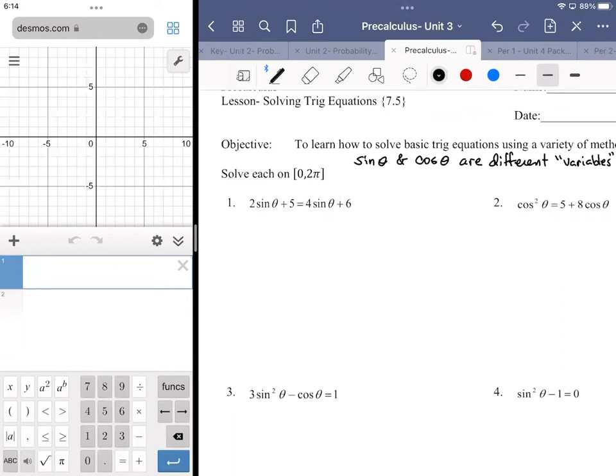So when I go to solve number 1, I want to get all of my sine thetas on the same side of the equation. It doesn't matter what side that is because it's an equation, it's commutative. So I'm going to subtract 4 sine theta from the right over to the left.